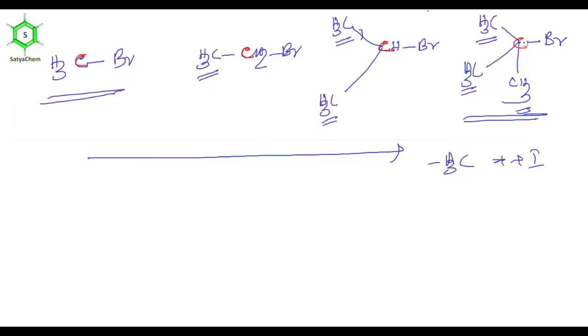I think it is clear. So thus SN2 becomes increasingly less favorable on moving left to right.